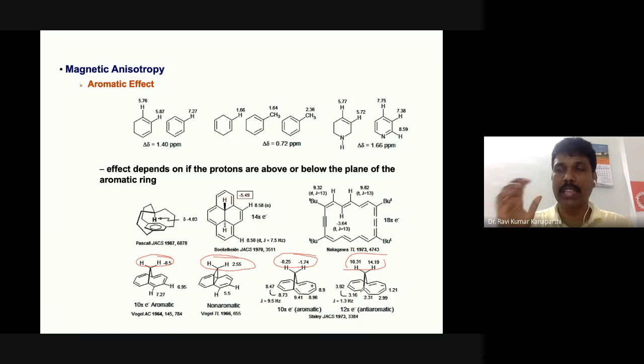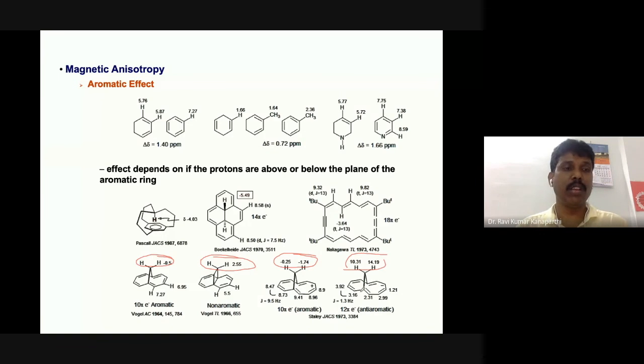If a compound is aromatic, the protons which are above or below the plane will be shielded, and the protons which are attached to the plane of the aromatic ring will be de-shielded. That is for the aromatic compound.